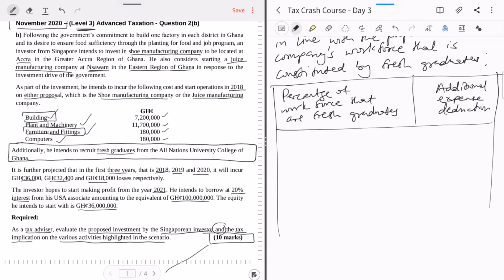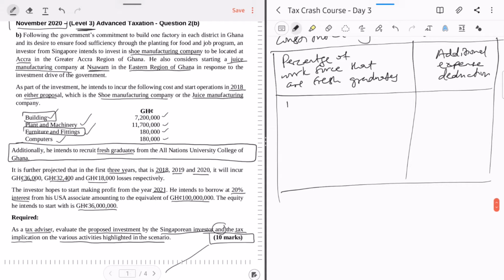Okay, right? So if you have up to 1% of your workforce being fresh graduates, you get 10% deduction of their salaries and wages.